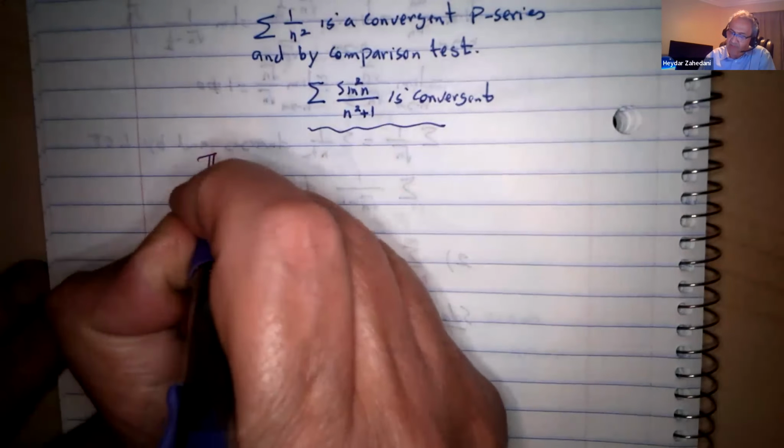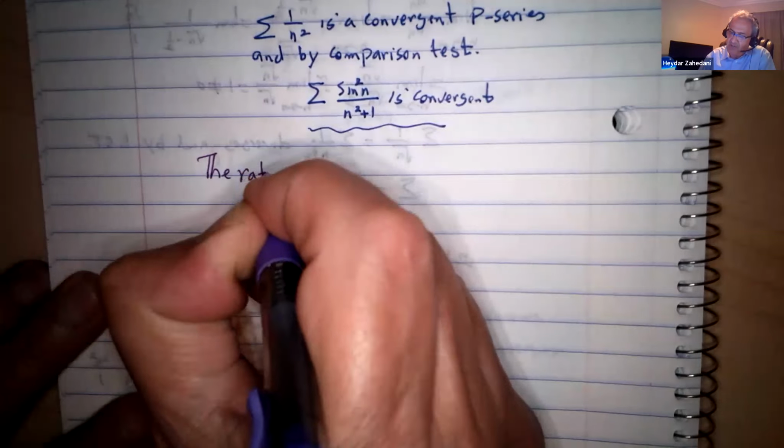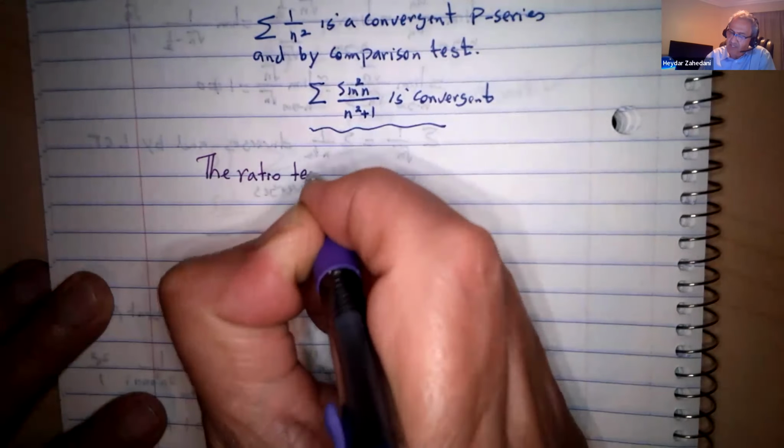Now, there are two more tests in your book. They talk about them later, but we're going to talk about them now because they would be useful for us. One of them is called the ratio test. What is the ratio test?